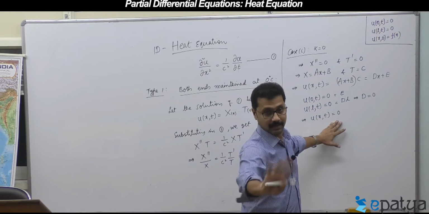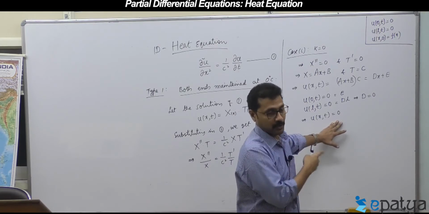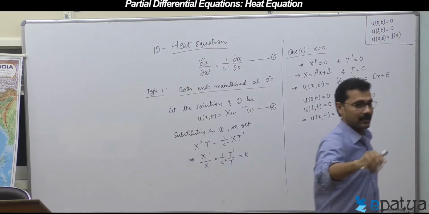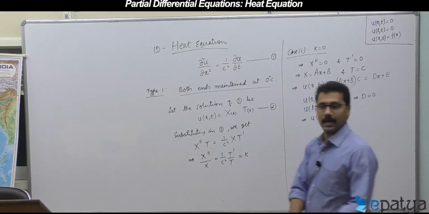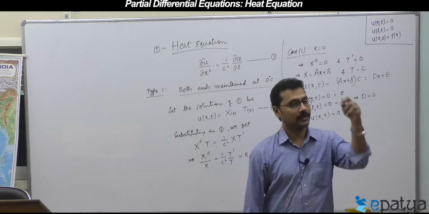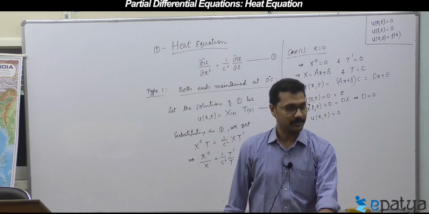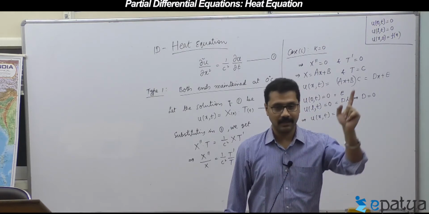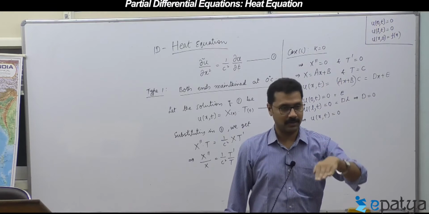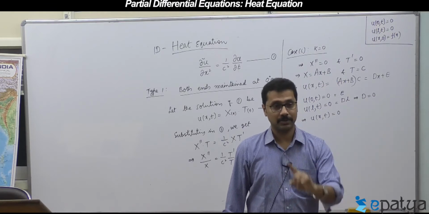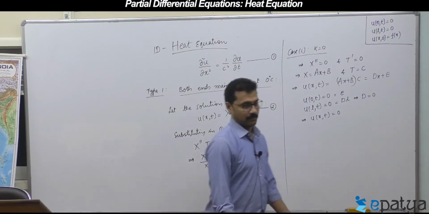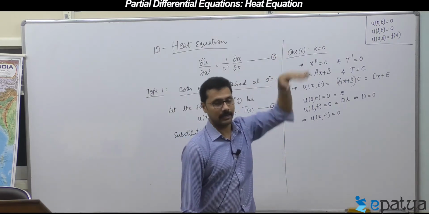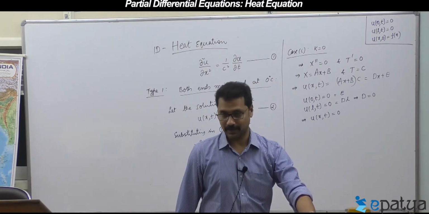Transient state it does not reflect. Because the basic concept of transient state tells us that as T increases, temperature should decrease. That phenomenon should appear in your transient state. As T goes to infinity, temperature should become 0 finally.